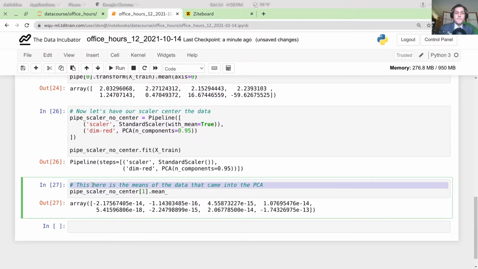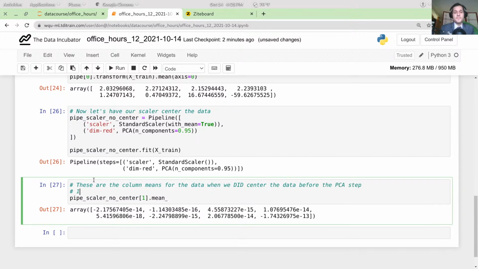Put a comment here and say, these are the column means for the data when we did center the data before the PCA step, right? 1 times 10 to the negative 14 is nearly 0 and within machine precision.